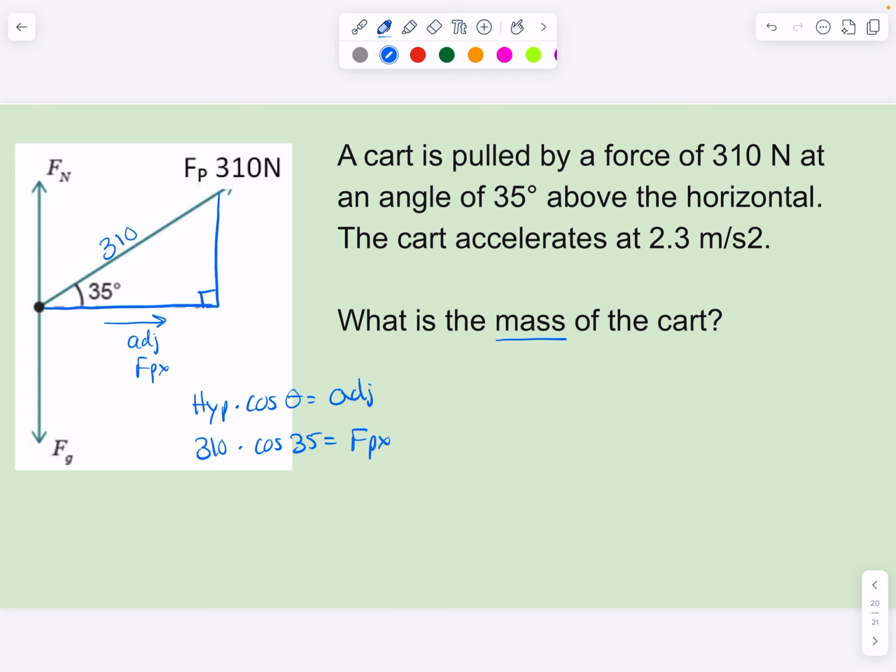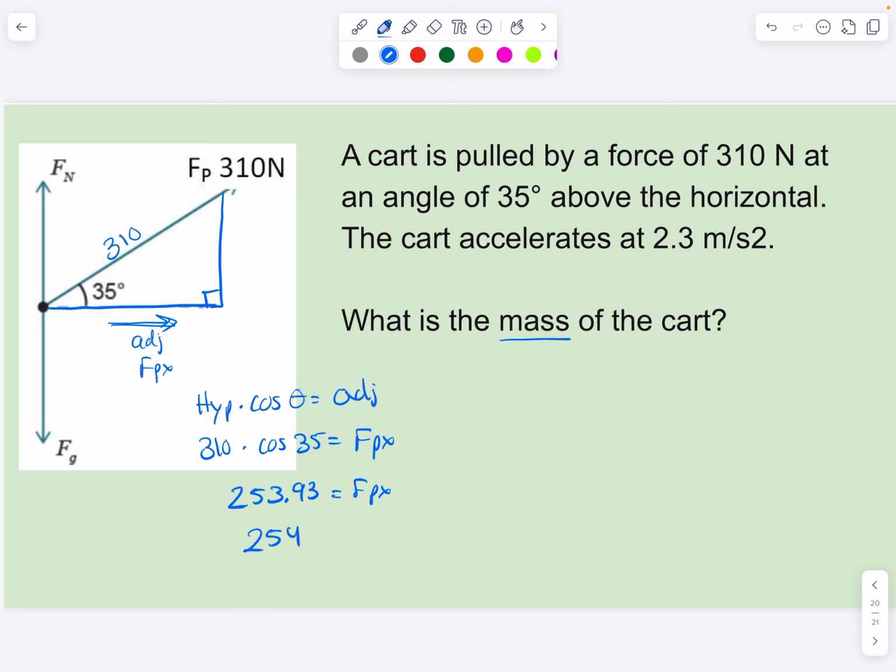We're looking for the net force in the horizontal direction, and that's the only force I have to work with. So 310 times the cosine of 35 is equal to 253.93 for our FPx. And if we round to the nearest whole number, we would say 254 newtons for our force in the x direction.